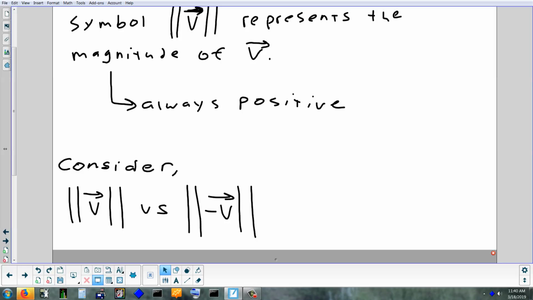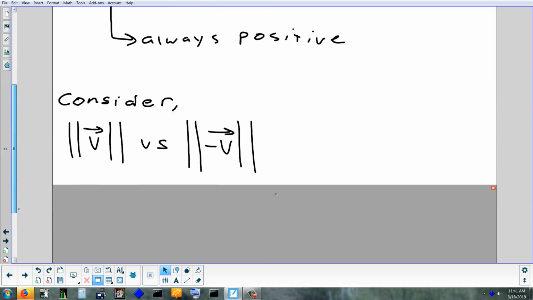What would be the difference between those two things? Nothing. There is no difference. Those two magnitudes would be exactly the same.